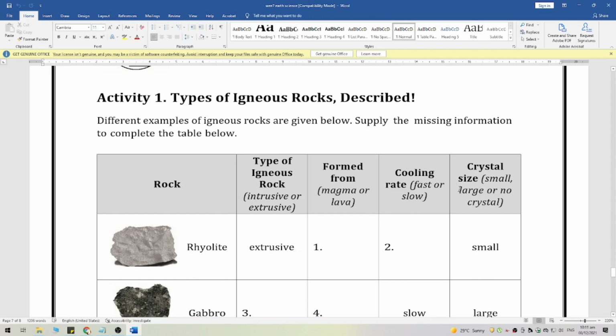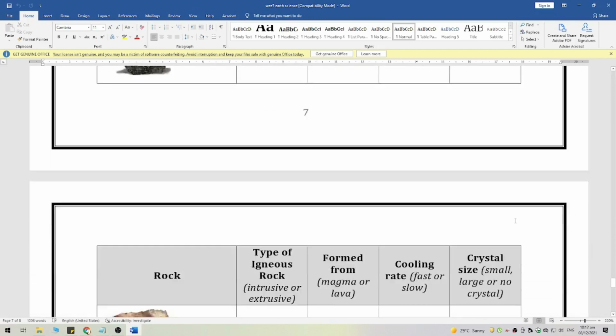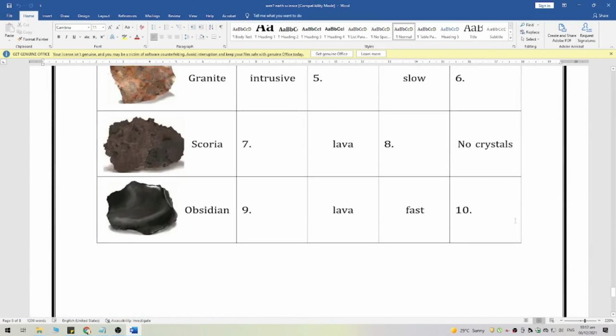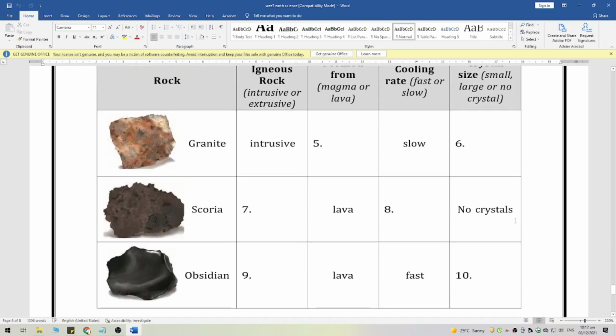So, proceeding with your activity on the types of igneous rocks as described, different examples of igneous rocks are given below. Now, just kindly supply the missing information to complete the table below. Where would you be basing your observation and your answers? On the statements right above. Balikan nyo yung mga previous na na-discuss na mga phrases and sentences, and it will give you a hint or idea how to answer this one.